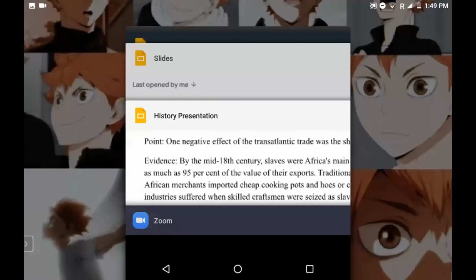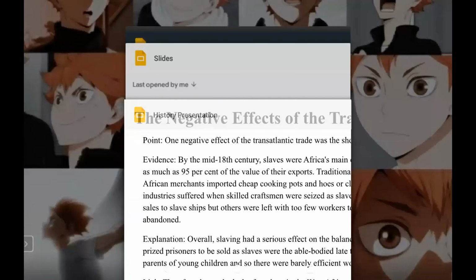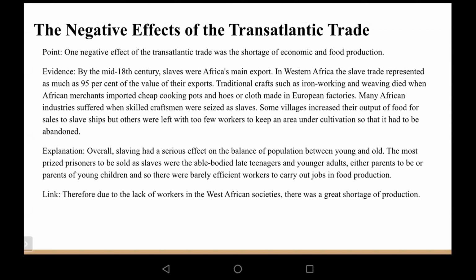But this is a very good attempt. I would take it just like that. Under exam pressure, I would give you the 3 out of 3 for this. The point is good. What you have here as your evidence should be your explanation. And the only thing you should say is examples of shortage of food production and declining economic activity.